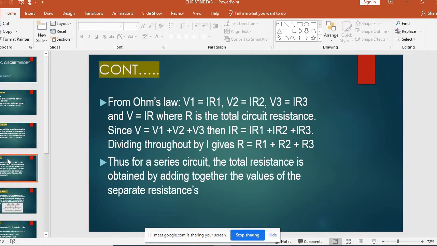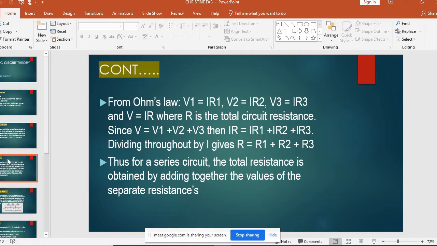Then from Ohm's law, V1 is equal to current times resistance 1. Same to V2, which is current I times resistance 2. Same to V3, which is current I times resistance 3. And in this case, voltage is IR, where R is the total circuit resistance.